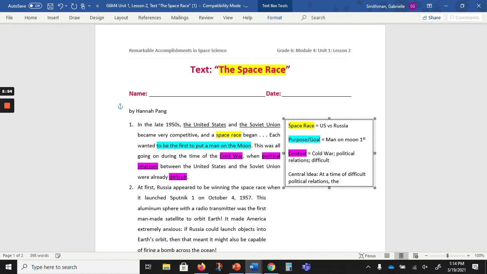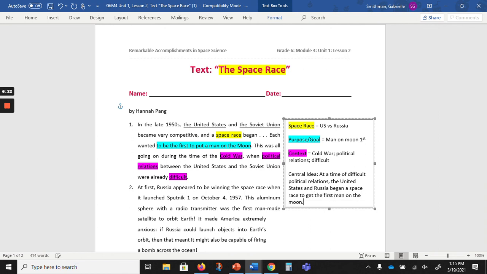I'm going to bring my players in, the United States. My other player is Russia. Began a space race. So I'm bringing in that term from our text. And then what was the goal of that space race? Oh yeah, that goal was to get the first man on the moon.